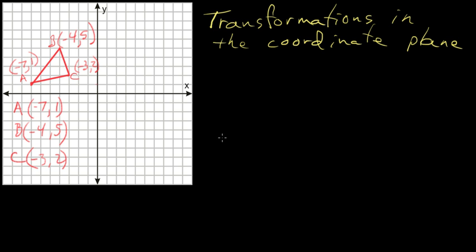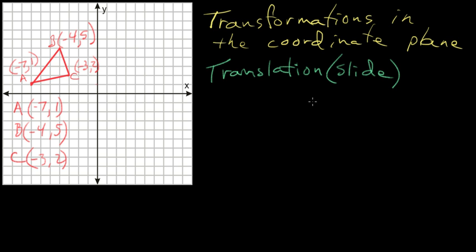So I'm going to show you how to make 3 different transformations using those 3 points, those 3 vertices of this triangle. The first one is going to be a translation. Another way of referring to this is slide, because we're just going to slide it this way or this way.